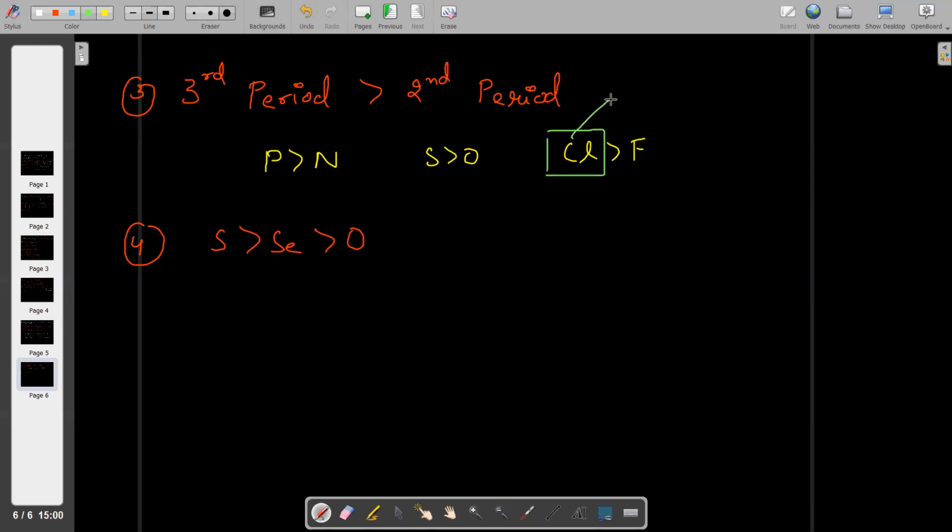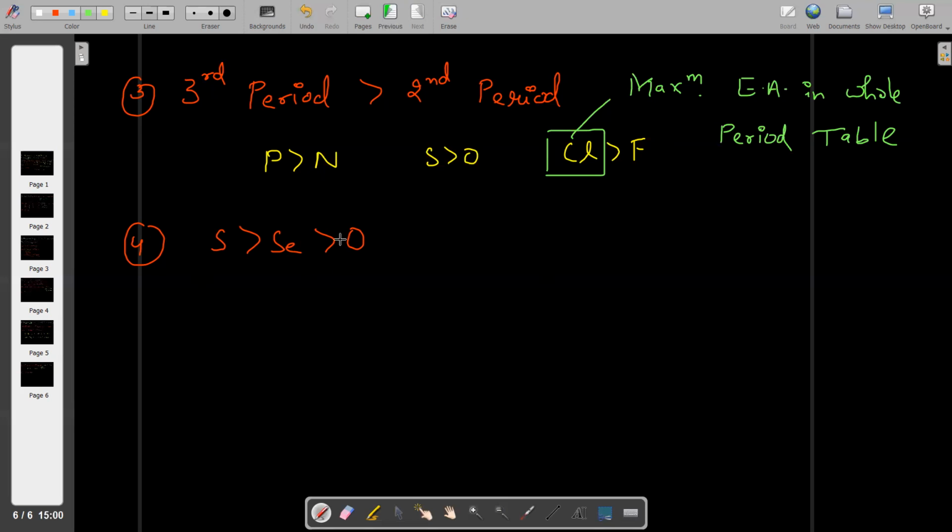Actually, chlorine will have the maximum electron affinity in the whole periodic table. Then comes fluorine, just after chlorine.